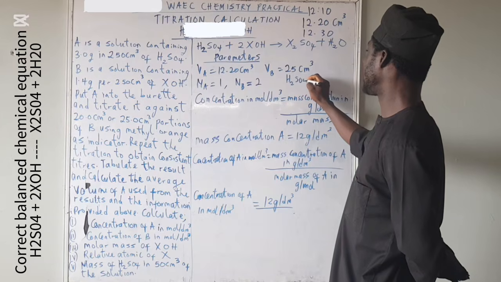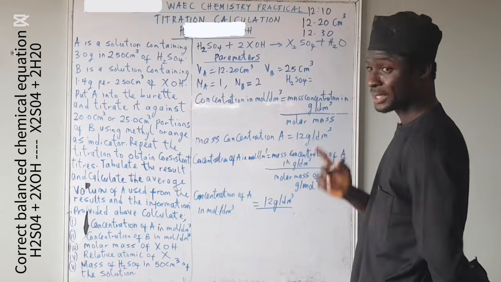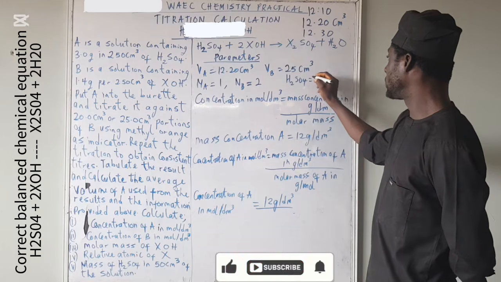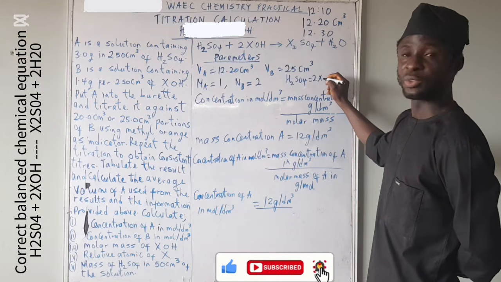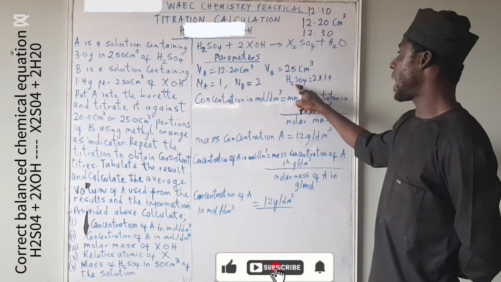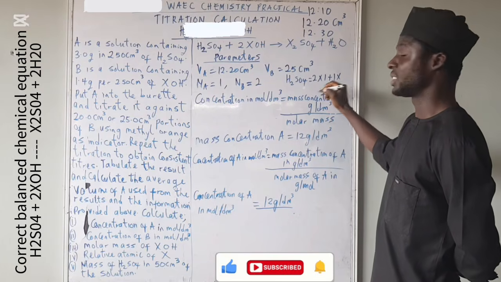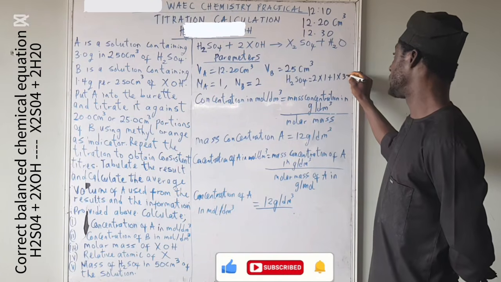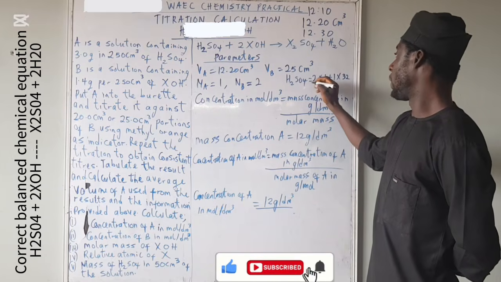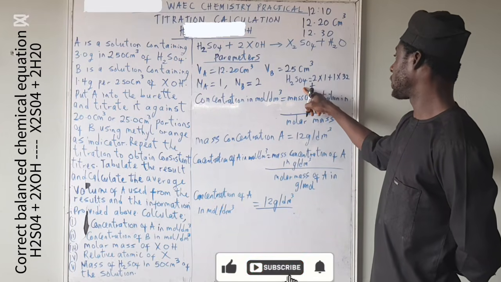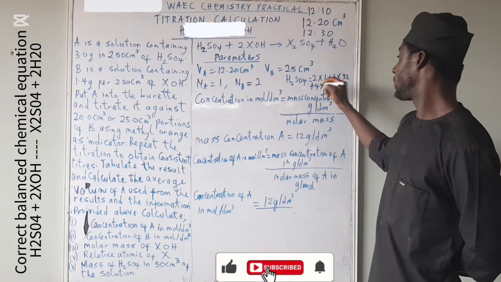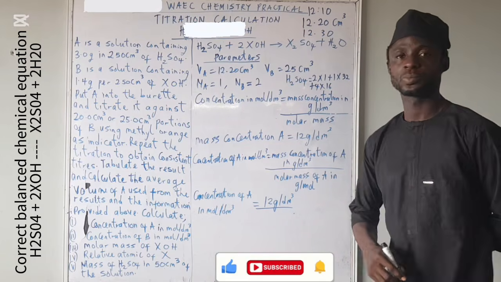So let's find the molar mass. Our hydrogen is 1. How many hydrogen atoms are there? 2 times the atomic mass of hydrogen, 1, plus how many sulfur? 1 times the atomic mass, which is 32. Do you understand? Plus how many atoms of oxygen? 4 times the atomic mass of oxygen, 16.